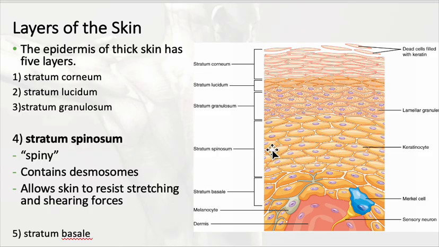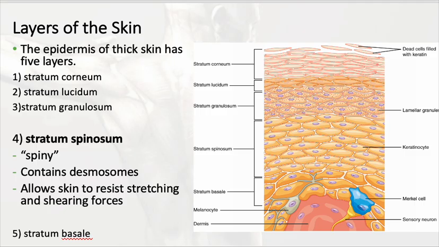The cells here are connected by what are called desmosomes. Desmosomes are junctions or connections that anchor cells within a layer to one another. And they appear as spikes. You can see these little red spiky lines coming off of the cells.